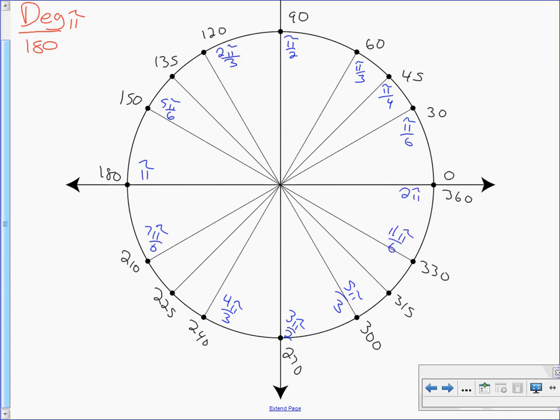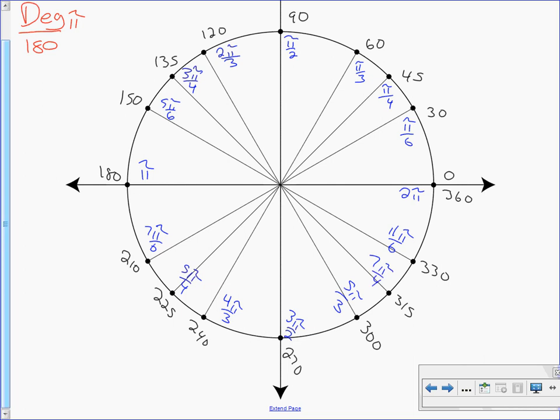And lastly, it was 2 pi. And to do the 45s, you went pi over 4, 2 pi over 4, same thing as pi over 2. Here was 3 pi over 4, 4 pi over 4, 5 pi over 4, 6 pi over 4, and 7 pi over 4.